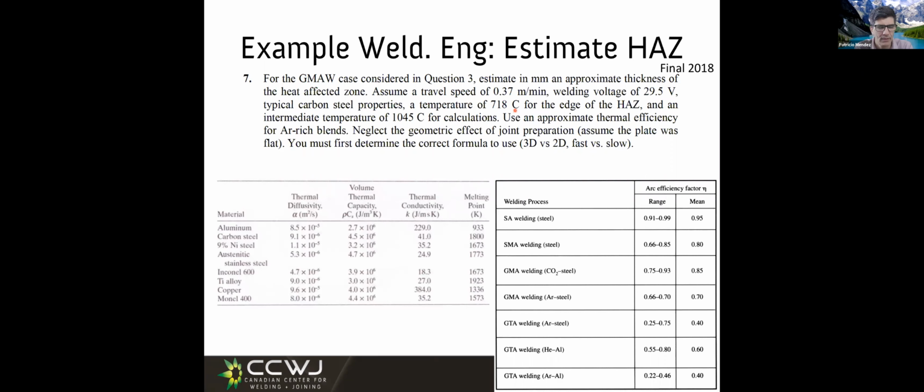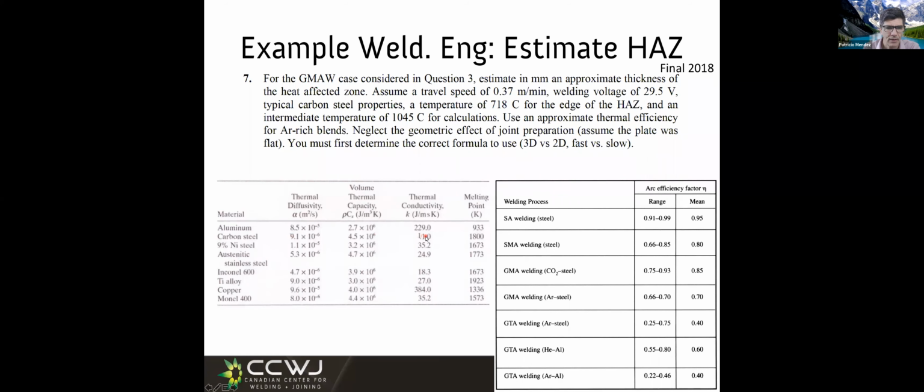Here we have the material properties. That was in the formula sheets when the exams were not open book. Now these material properties here on the left are something that you have in your notes. In our case, they say typical carbon steel properties. So here we have alpha, the thermal diffusivity.